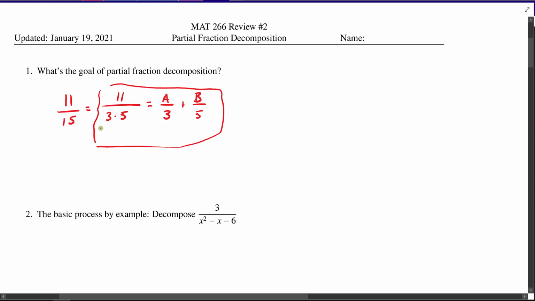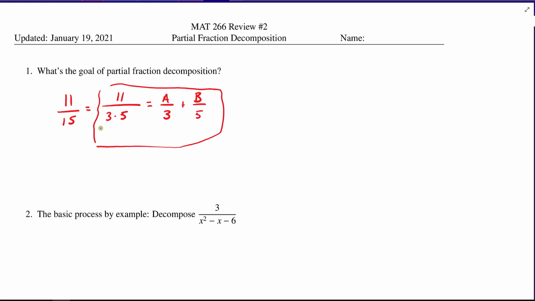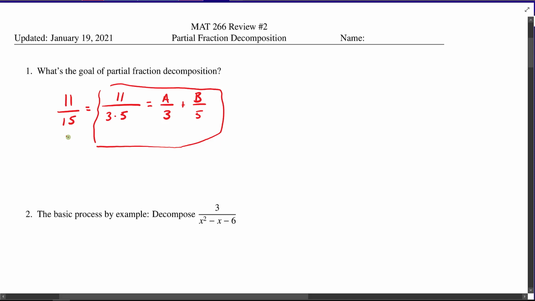Okay? And that's what we're going to do in this technique of partial fraction decomposition. So we're going to try to find A and B so that when we add the two fractions together, we end up with this fraction of 11/15.